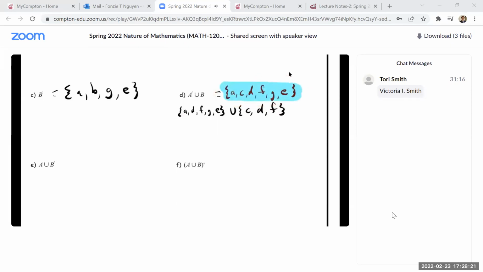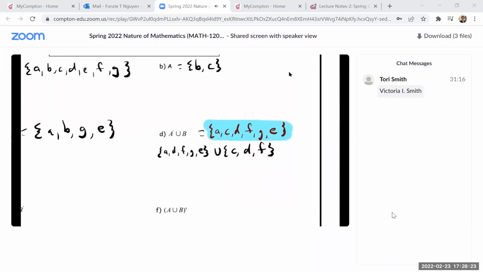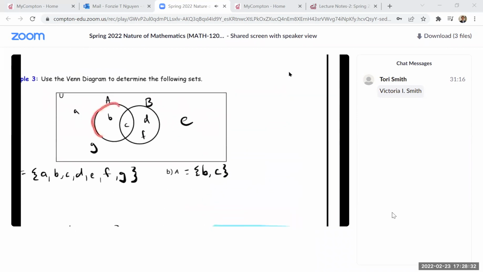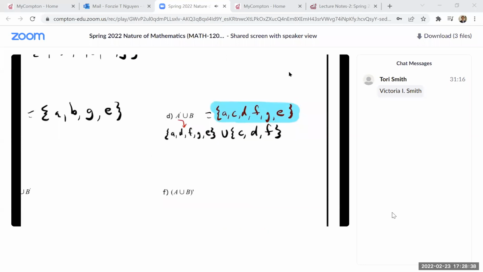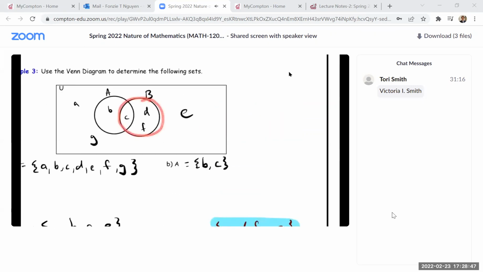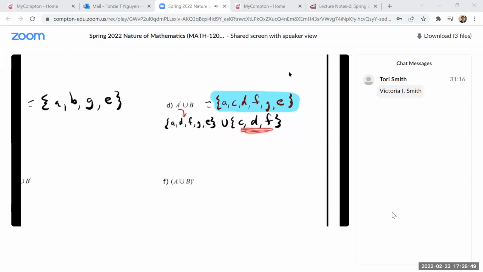Can you explain that one again, the union? Yeah, so first thing we had to do was find A complement. That would be this set right here, right? That's A complement. Everything outside of A. And we found it to be A, G, D, F, E. And then we have to do the union with B. So here's B: C, D, F. And then we have to take the union of these two sets.